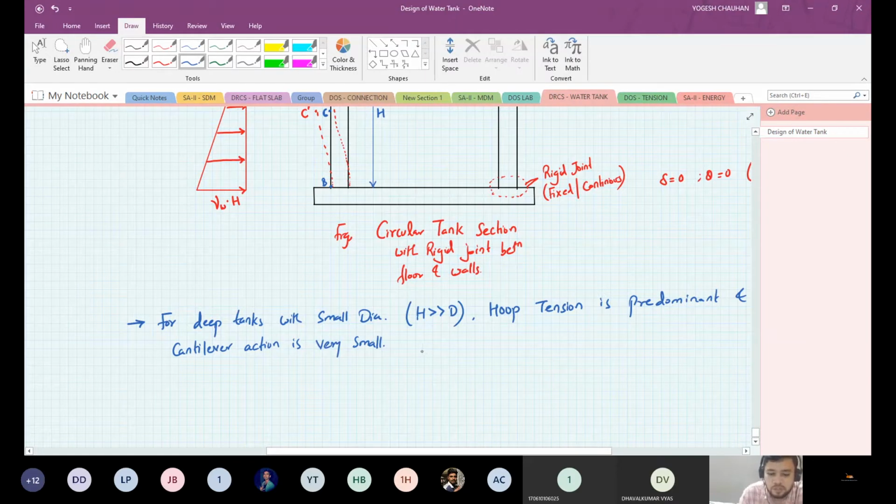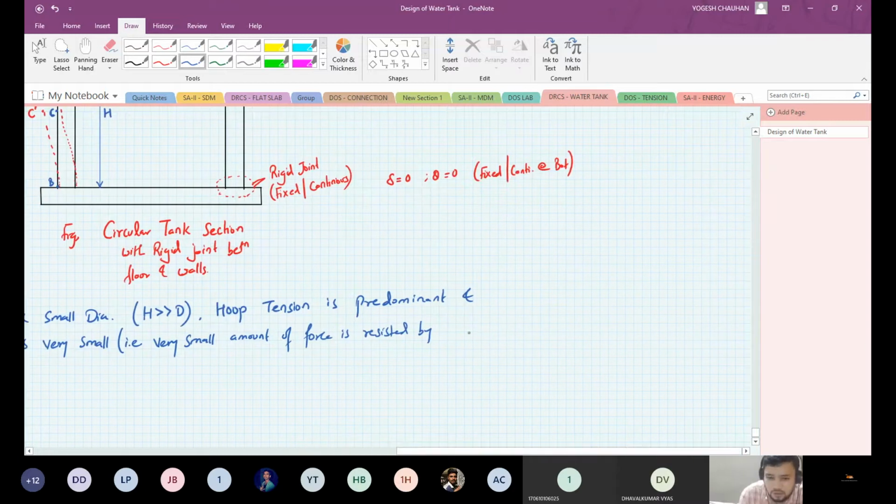Cantilever action means a very small amount of force is resisted by horizontal shear.